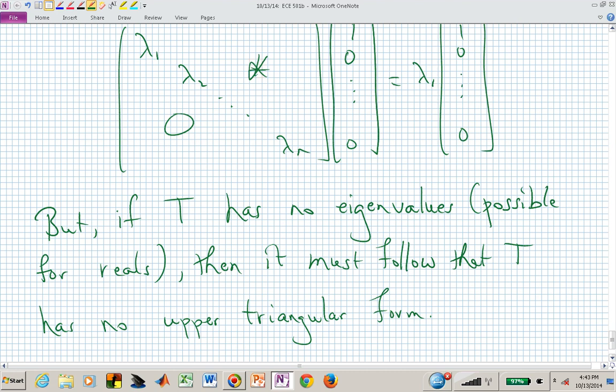There are linear maps on real vector spaces that can be upper triangular, they can be diagonal, but we can't guarantee that we always have an upper triangular representation. That's really what's being stated here.